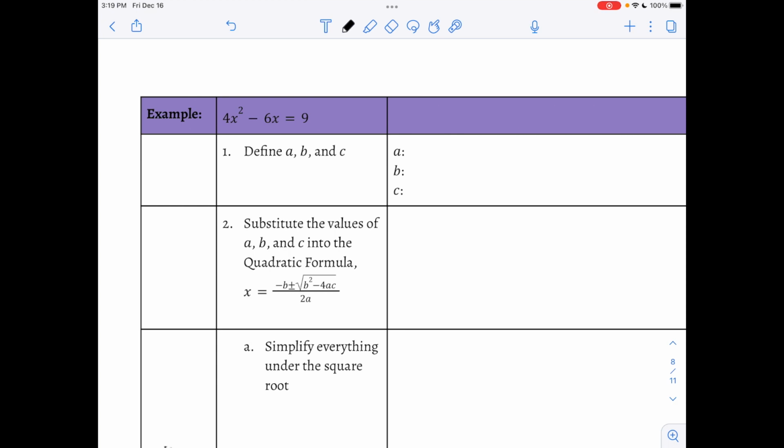We have to get it equal to 0 first before we can do anything else, just like every other quadratic. So I'm going to do 4x squared minus 6x equals 9. I want to move that 9 to the other side to make this equal to 0. So I'm going to get 4x squared minus 6x minus 9 equals 0.